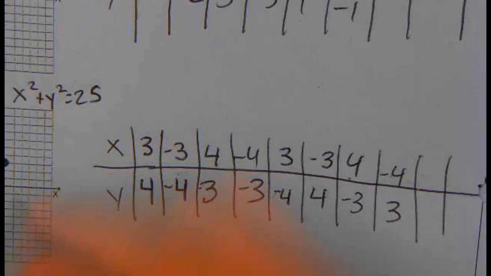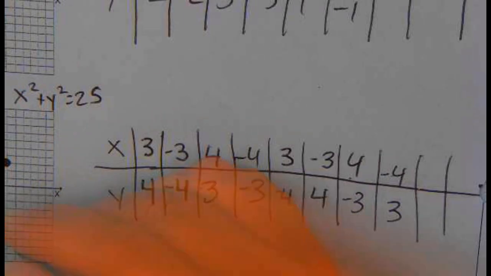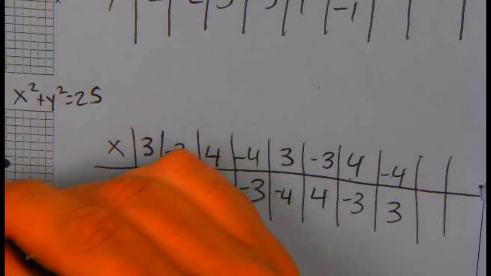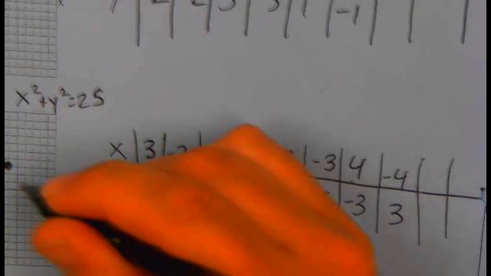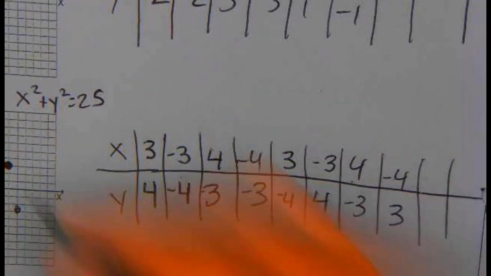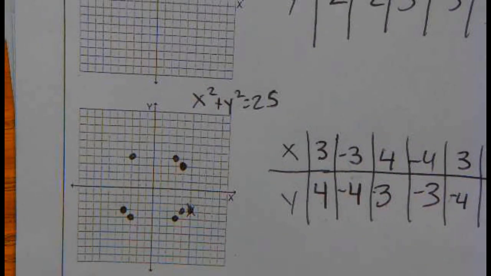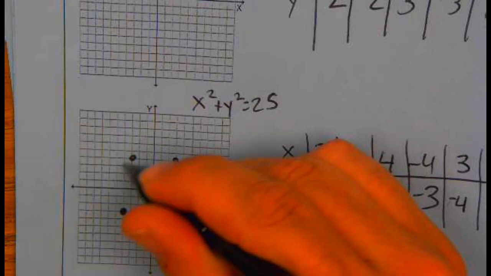So 3, -4, and -3, 4, and 4, -3. Wait a minute. Stop. Forget that one. There we go. And -4 and 3.